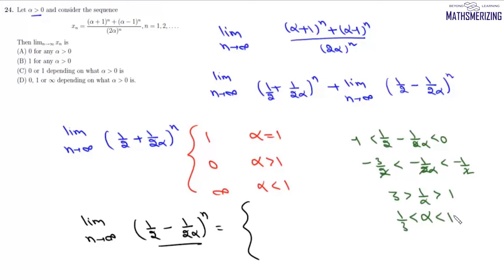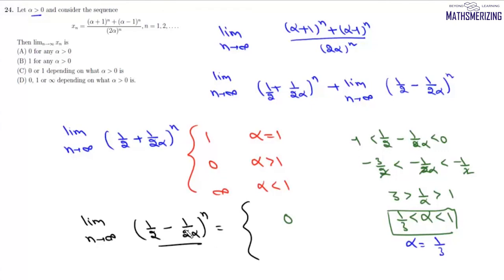In that case, this value will lie between minus 1 and 0. Then in that case, a to the power infinity will be simply 0. So for this case, the value of this limit is simply 0. Now if we take alpha as 1 by 3, we'll get this value as minus 1.